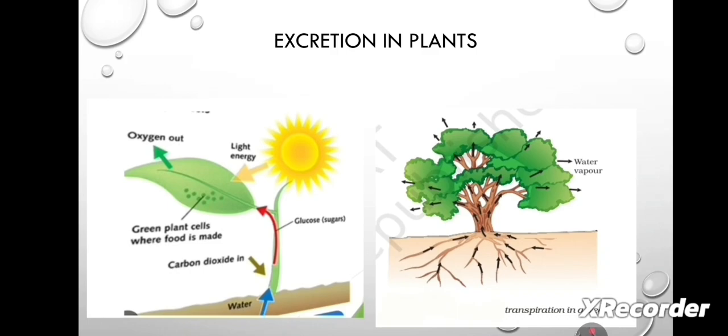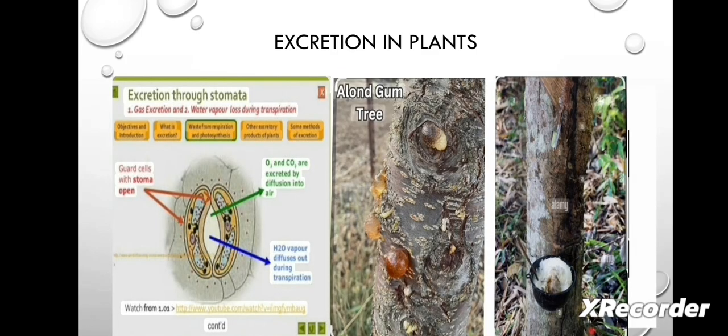For other wastes, plants use the fact that many of their tissues consist of dead cells and that they can even lose some parts such as leaves. Many plant waste products are stored in cellular vacuoles. Waste products may be stored in leaves that fall off. Other waste products are stored as rubber, resins, and gums, especially in old xylem. Plants also excrete some waste substances into the soil around them.